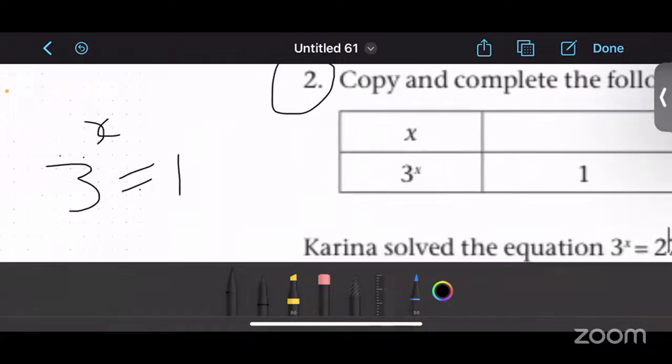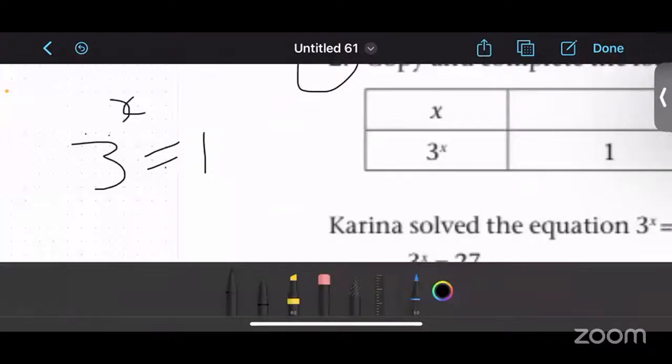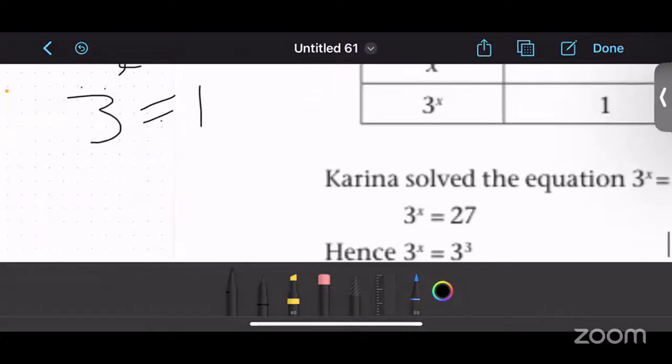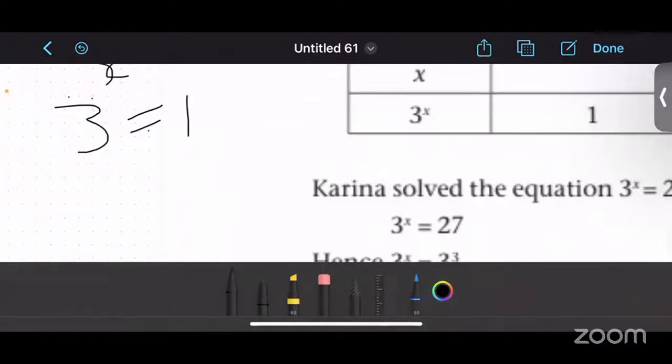Do you have an idea of how we're going to solve for x here? No, ma'am. Okay. So when you have it like this, Manahil, you have to make sure that the bases are the same so you can work with exponents, right? So the first thing you're going to do is say, I have 3 to the power of x, which is equal to 1.